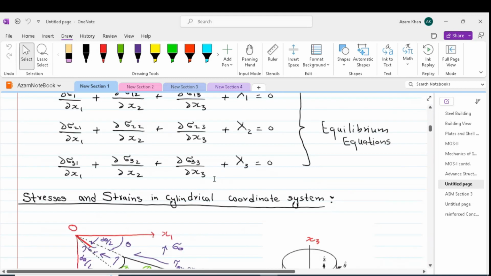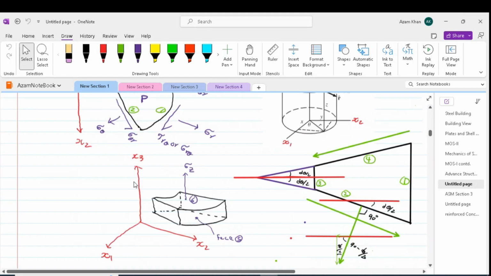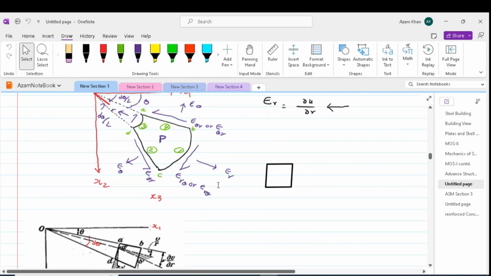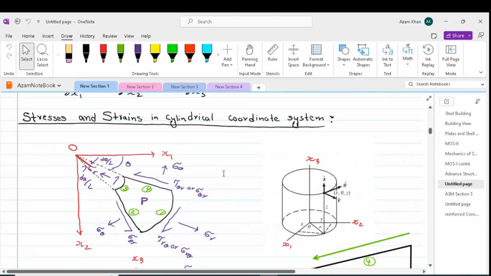We already have derived the equilibrium and strain components in terms of cylindrical coordinates. Just to remind ourselves, we take a cylinder and extract a piece out of that cylinder, which is shown over here. This piece has got four sides numbered as 1, 2, 3, 4.